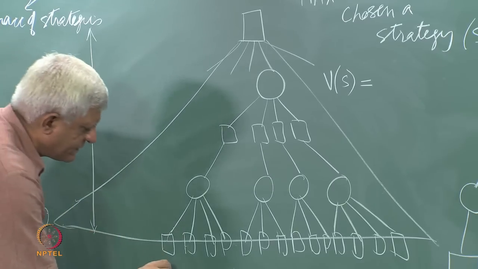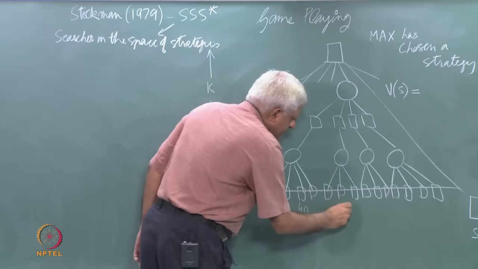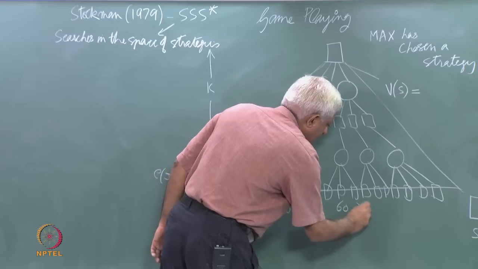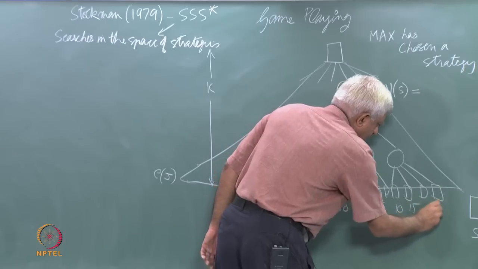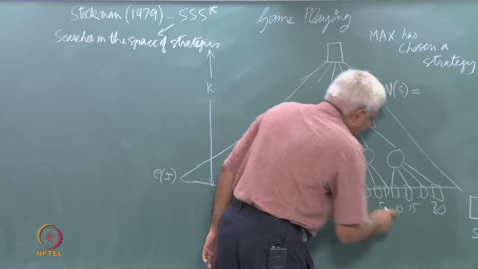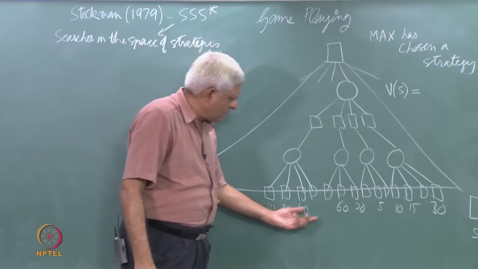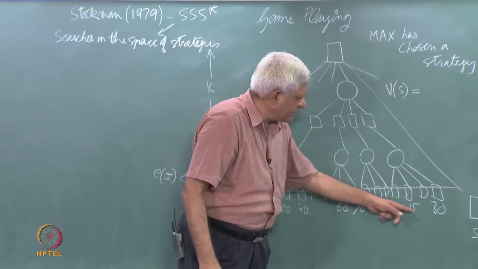So, let us say this is 10, 20, 40, and let us say all these are bigger values, 60, 70, and let us say this is 5, 10, 15, 30, some values. I am not filling all the values, but we have some values: 10, 20, 40, 60, 70, there is a 5 here, 10, 15, 30.